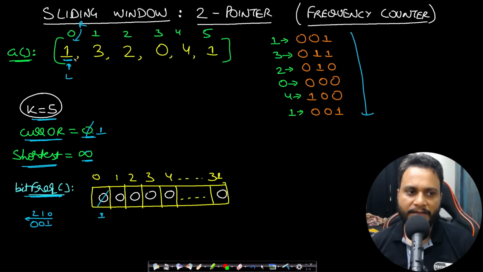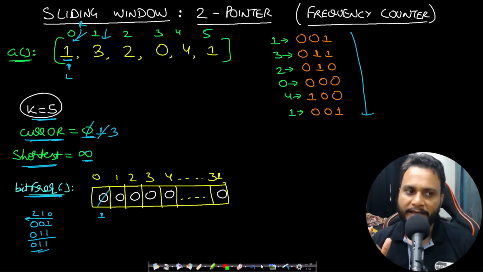Okay, and the next thing I will do is check if the current OR value is greater than or equal to k. It is not, so I will not move the left pointer. In the next iteration I will move the right pointer to the next position and I will take the OR value with 3. So 1 ORed with 3 will be equal to 3, right? So the current OR value will now become 3.